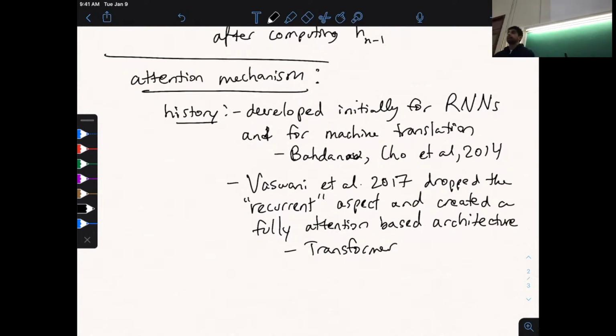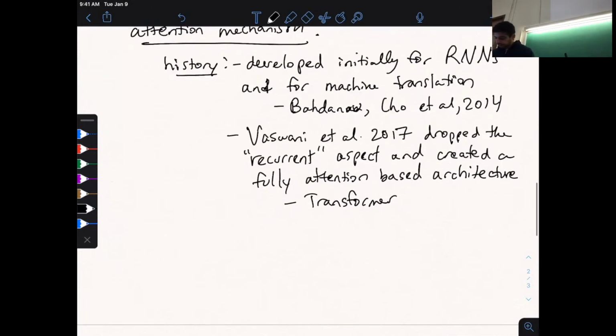Okay, so the transformer actually addresses both of the issues that we just discussed. The bottleneck is addressed through attention. The lack of parallelism is addressed through the self-attention mechanism that was popularized in the transformer. It was introduced for machine translation initially.